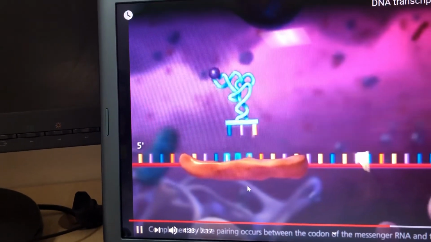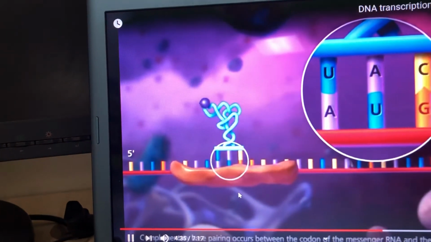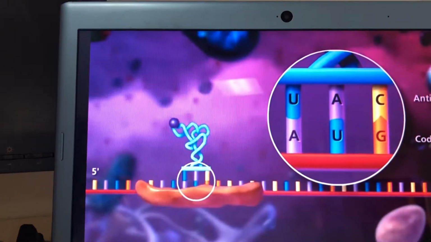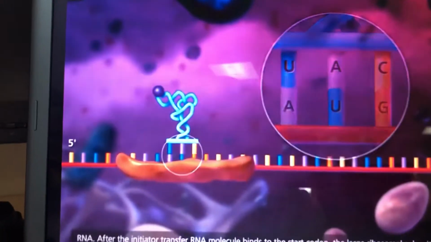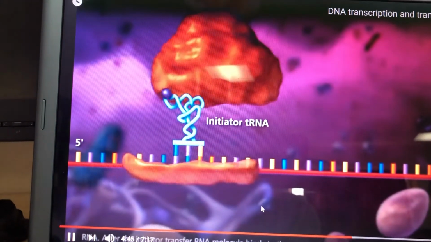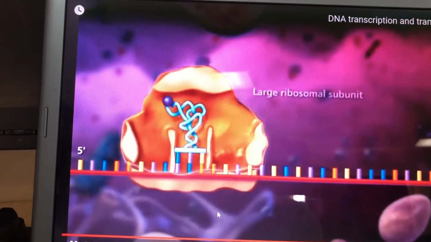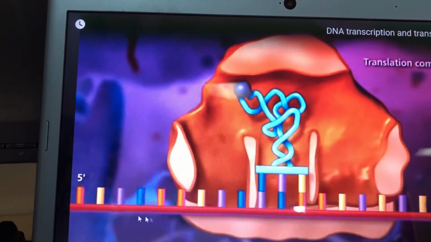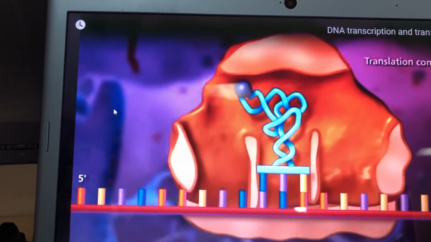You will see it now. Complementary base pairing occurs between the codon of the messenger RNA and the anticodon of the transfer RNA. After the initiator transfer RNA molecule binds to the start codon, the large ribosomal subunit binds to form the translation complex, and initiation is complete.